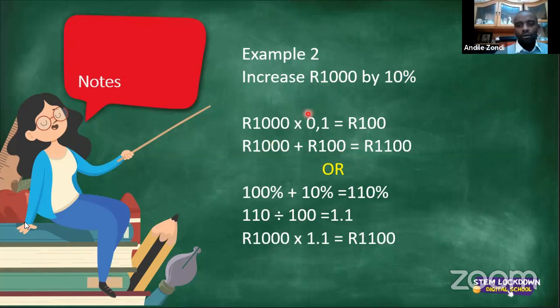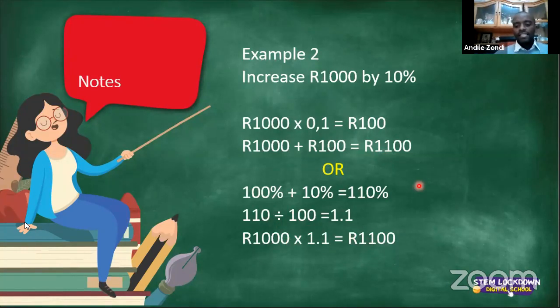So 100%, which is equivalent to 1,000, plus 10%, which is equivalent to 100 rands, gives us 110%, which is equivalent to 1,100. So I can say 1,000 times 110%, I'll get this answer.